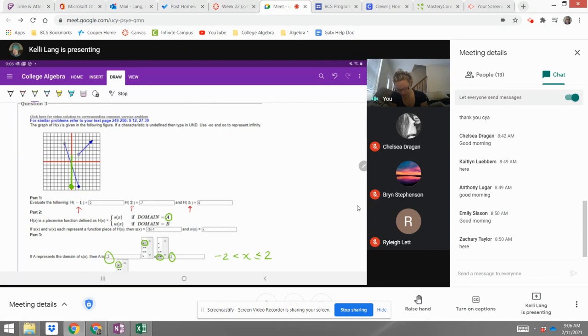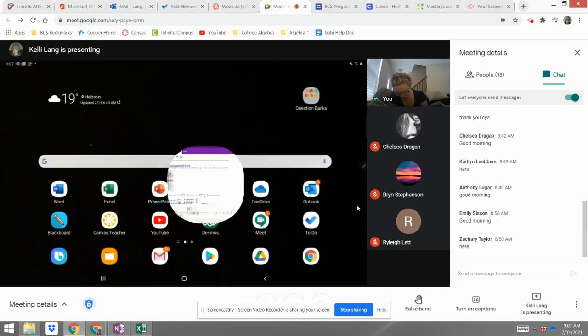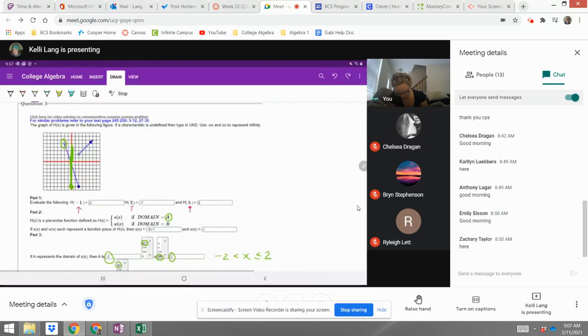Normally I would say this y value is not included, but it actually is included on the other side. So we're going to have these y values as well. And then again, because of this open circle here, I'm tempted to say this y value isn't included, but it actually is because over here, we have this y value.